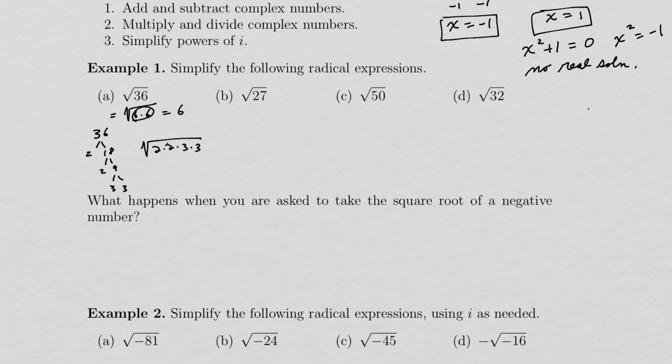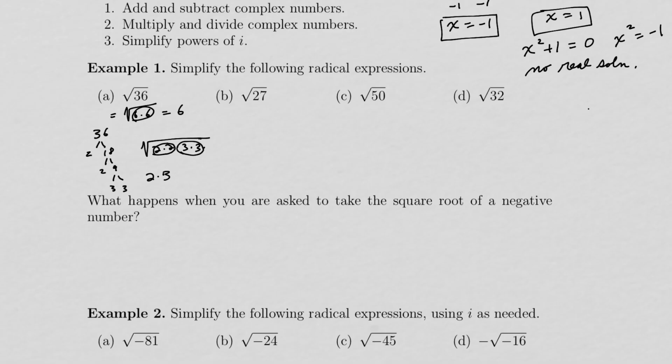Again, wherever I have a pair of things, so I have two 2's, it can come out as a single 2. It's like saying the square root of 4 is 2, or the square root of 2 squared is just 2. And then the square root of 3 squared, if I have a pair of 3's, it comes out as a single 3.